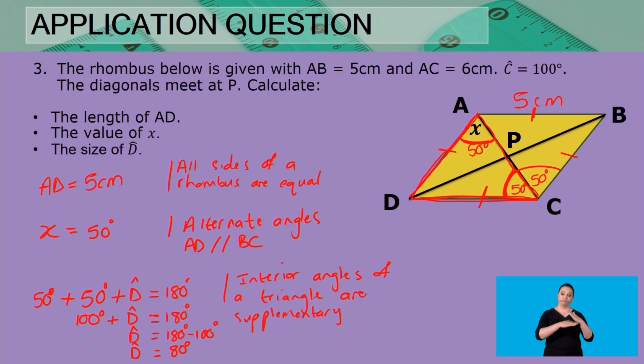So angle D will be equal to 80 degrees. Of course, we could have used co-interior angles. Remember, we have angle C as 100 degrees. If we combine it with angle D, it must give us 180 degrees. And from 100, for us to get 180 degrees, that means that angle D is equal to 80 degrees.